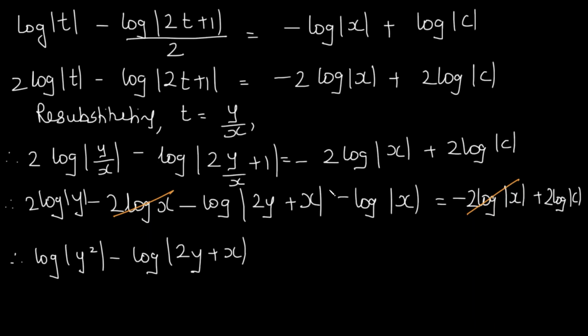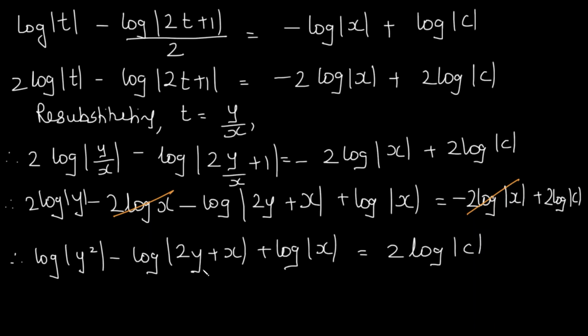Because of this minus sign, actually when we wrote minus log x here, we should have put a minus into minus, a plus sign. So this becomes a plus sign actually. So plus log x is equal to 2 log c.